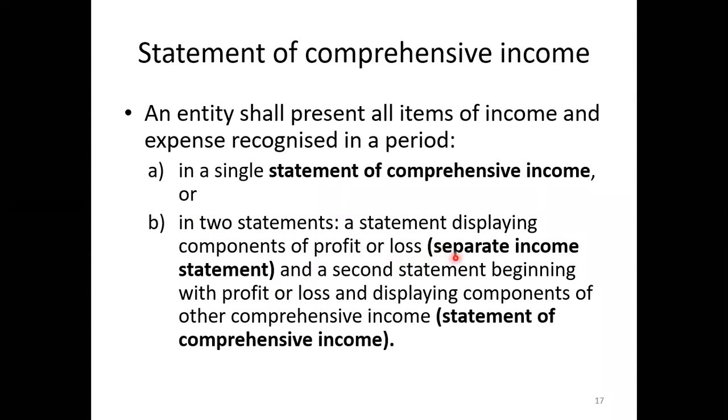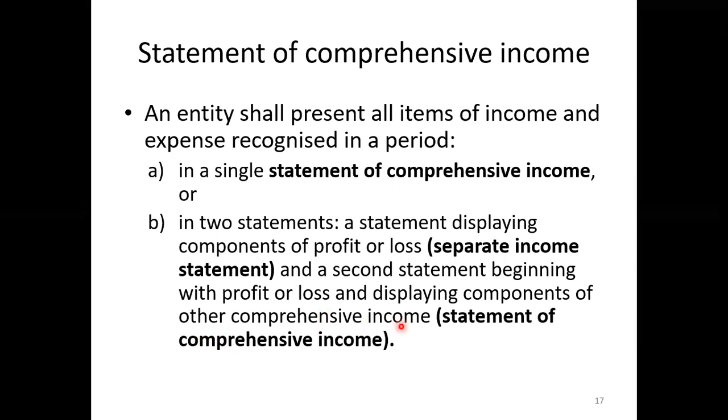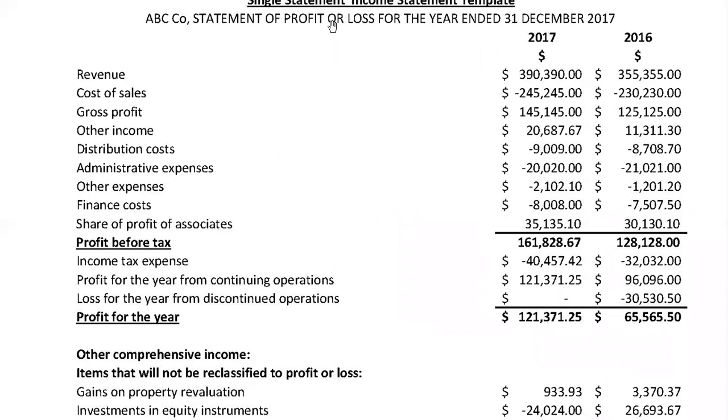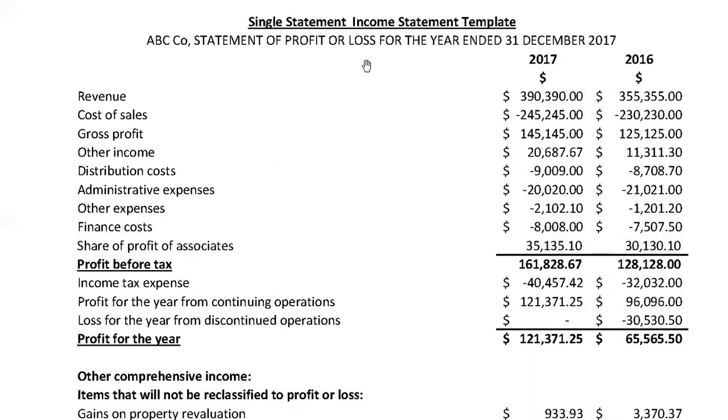The top part displays the normal business income, and the second part is other comprehensive income. This is the single statement.